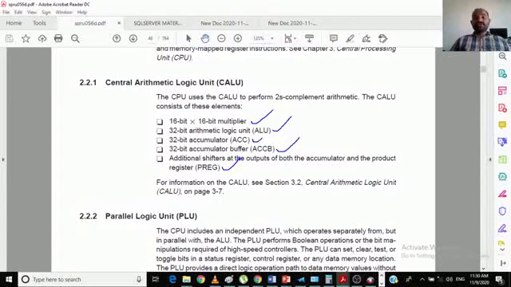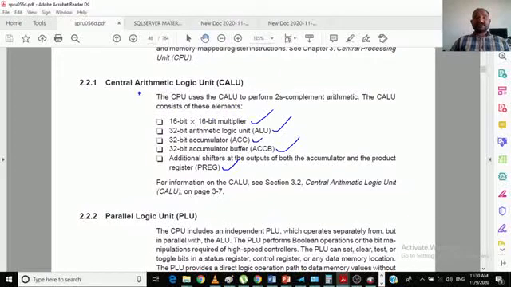These three are 32-bit registers, and the product register is used for holding the result of the multiplication.